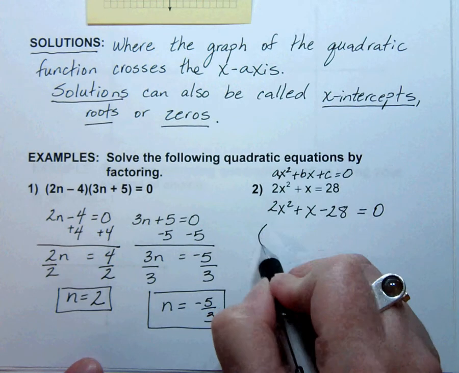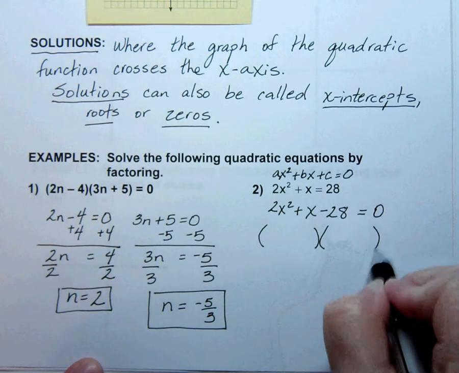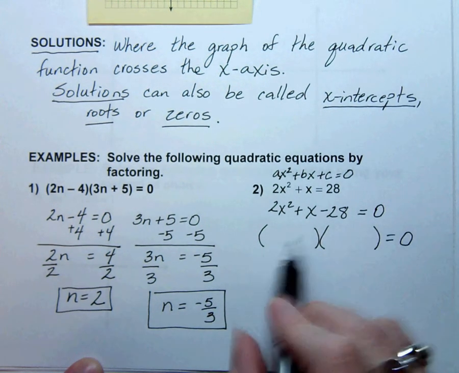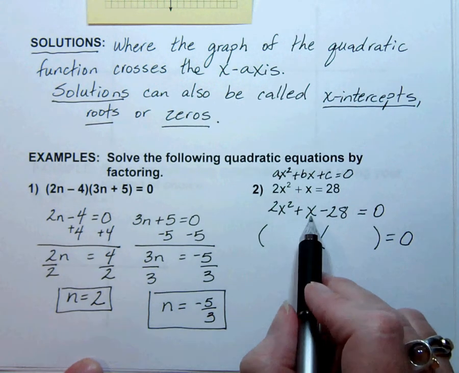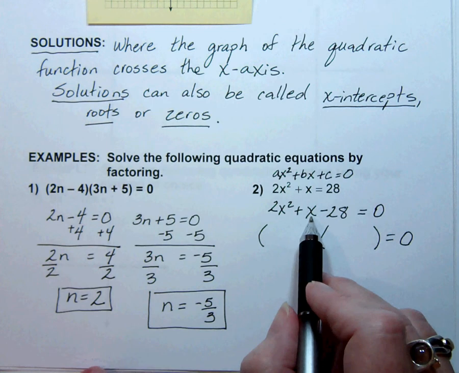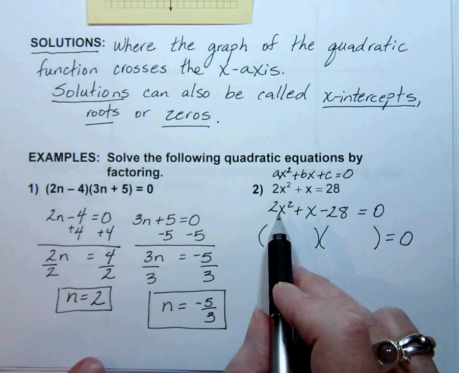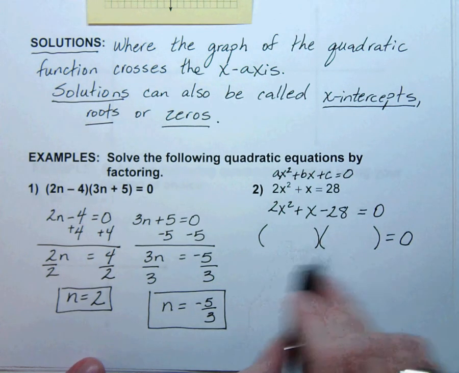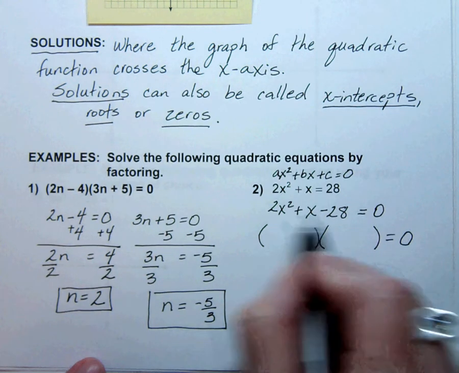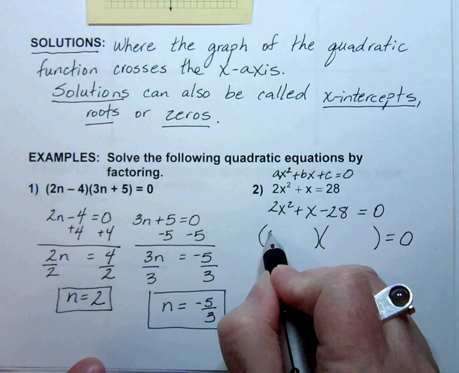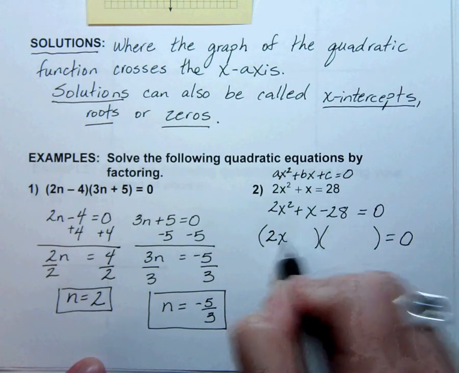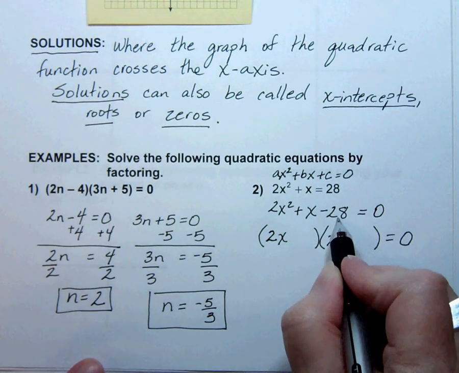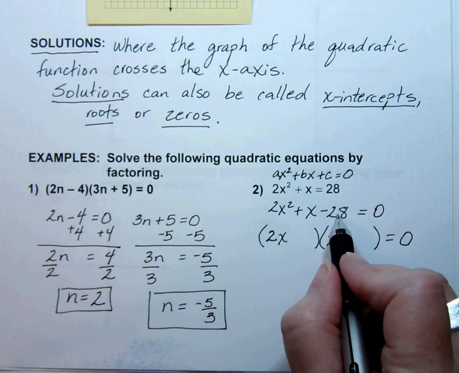When you're factoring a trinomial, you need to look at the first term and the last term, and we'll worry about the middle term in a minute. You do need to find the factors of each. You need to put them in two binomials. So let's talk about factoring for a minute. The only factors of 2 are 2 and 1. There's several factors for 28. You could use 4 and 7.